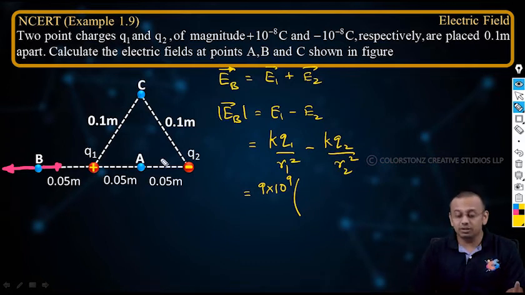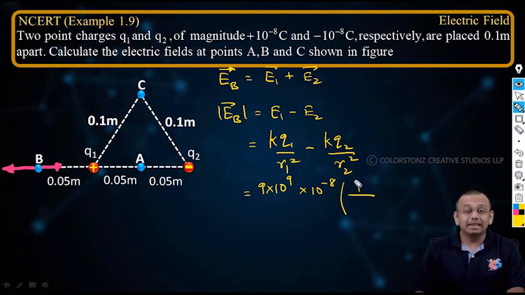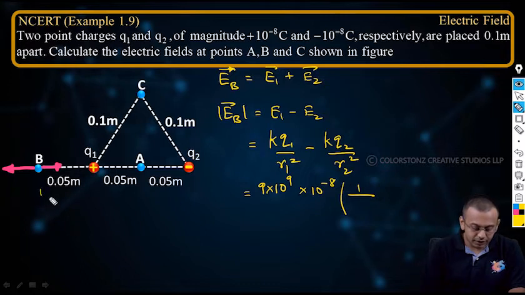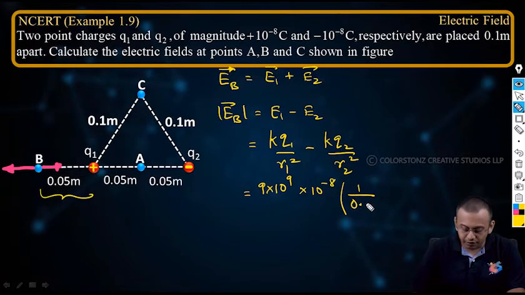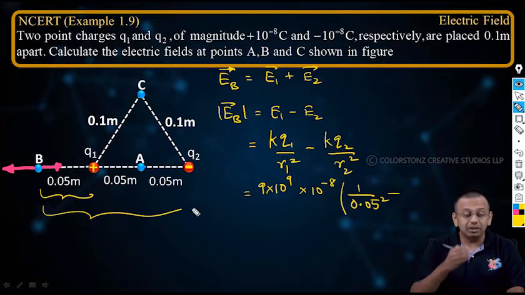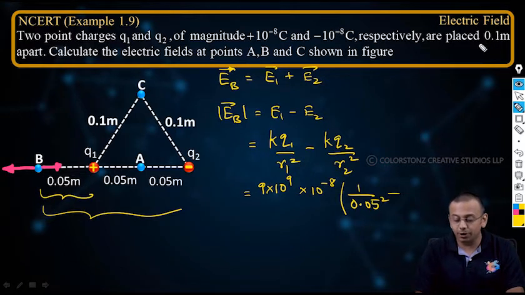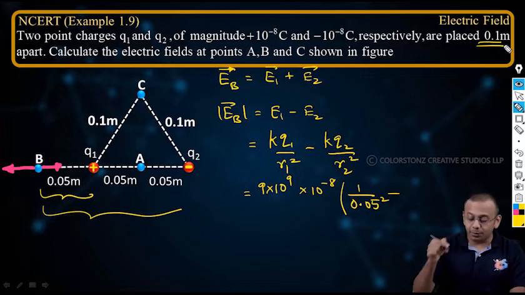Q is also the same, so that also I can take out common, into 10 to the power minus 8. But the distances are different. This distance is 0.05, the same as the previous question, but this distance now is 0.15. You can see this is 0.05 plus 0.1, so it is 0.15.